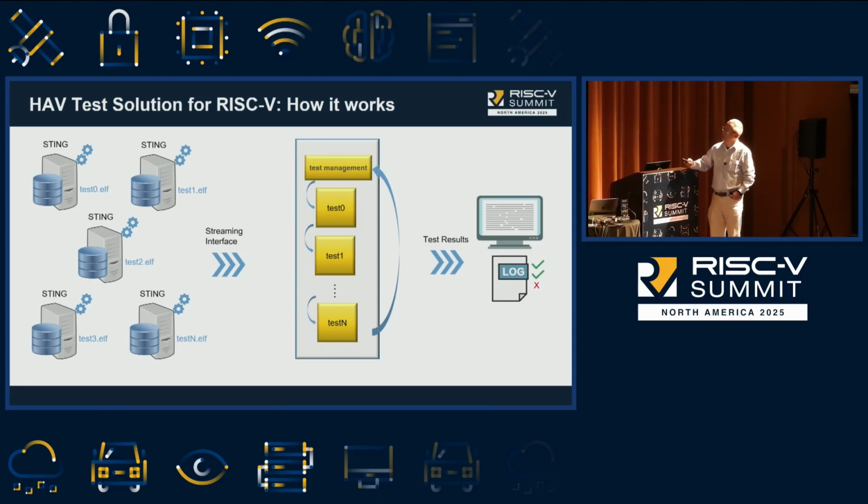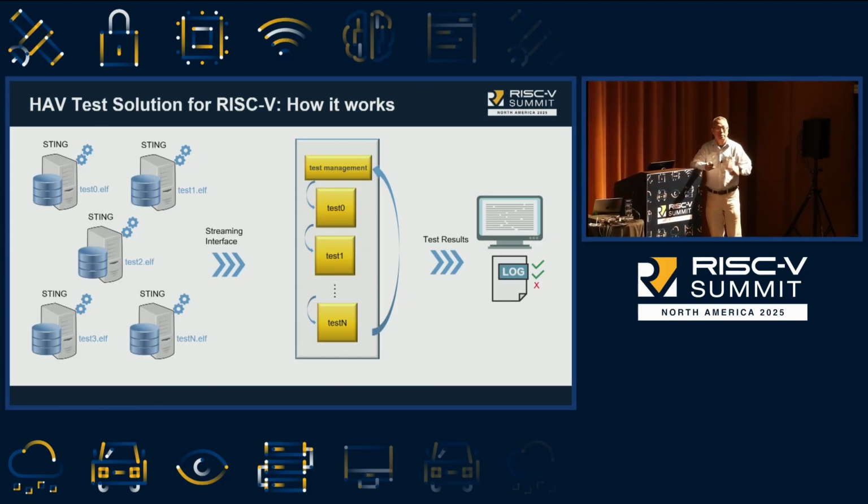This test management program has a protocol or handshake with the streaming interface and manages to run the tests one by one in a loop. So you can see the Sting generation and the execution actually running in parallel. And finally, the test result is written to a log file, with the result of each test status being failed or passed.